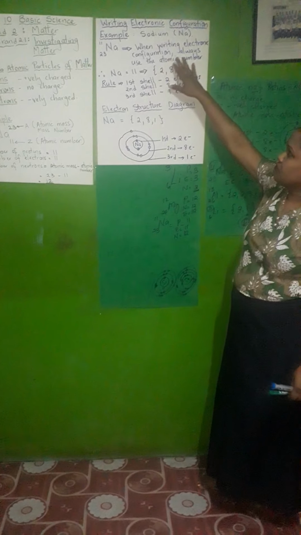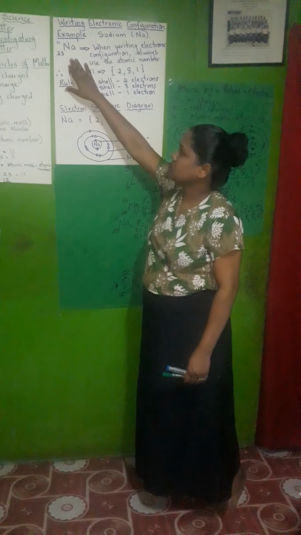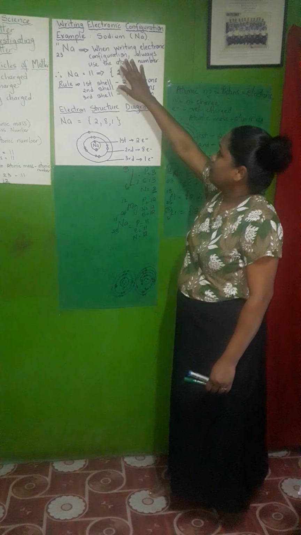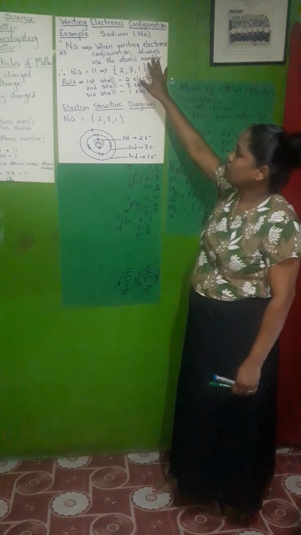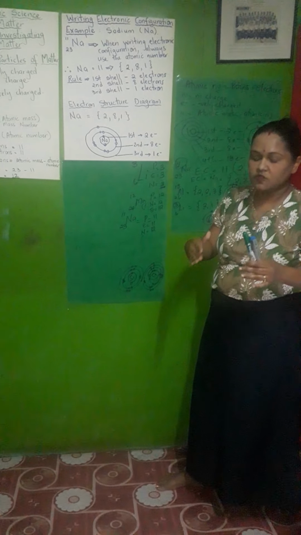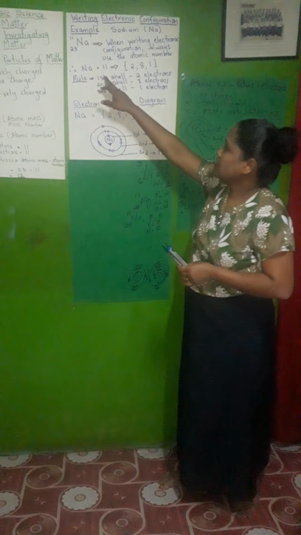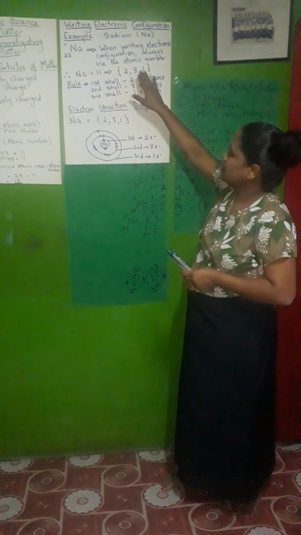And then we learned about writing electronic configuration, and the example we took there is sodium again. So when writing electronic configuration, always use the atomic number. That means you are going to use the smaller number to write your electronic configuration. And for sodium, the electron configuration is 2, 8, 1 according to the rule here that you have learned.